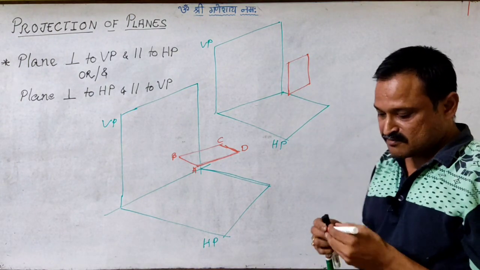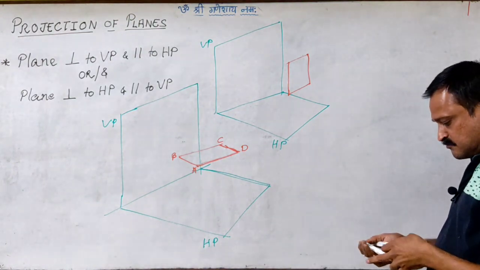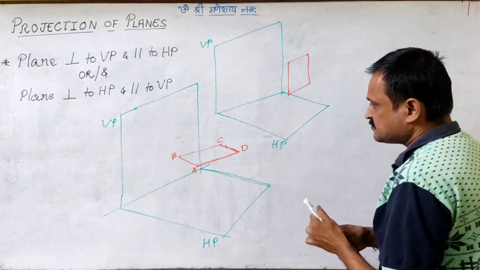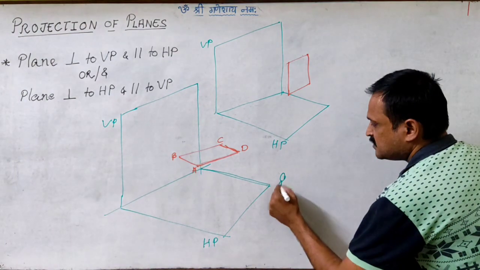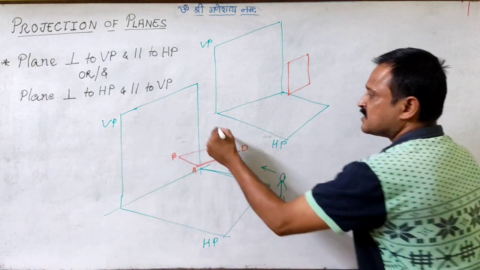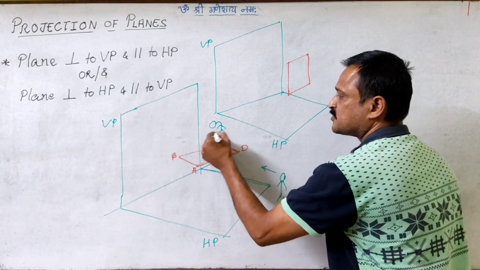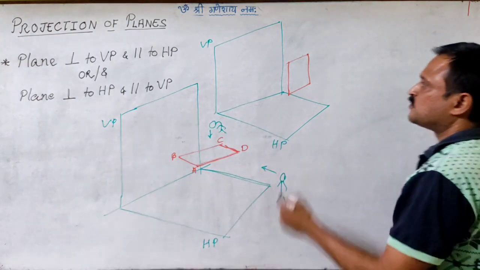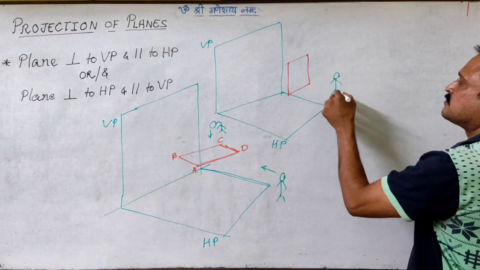Now for the two images, as an observer, when we look at it from this direction, I get the front view, and when I look at it from the top, I get the top view on the horizontal plane.